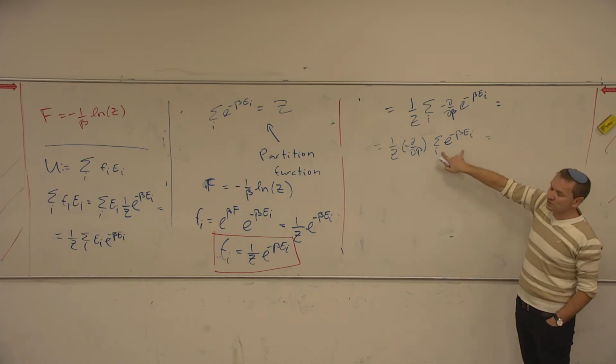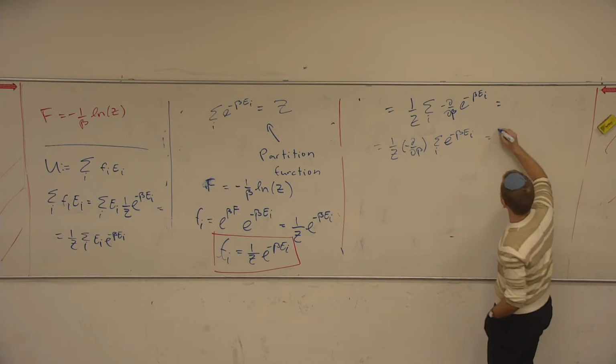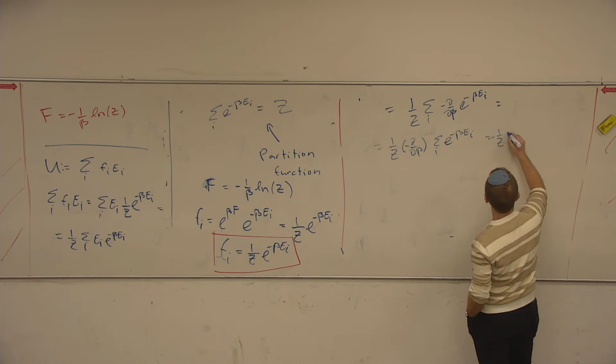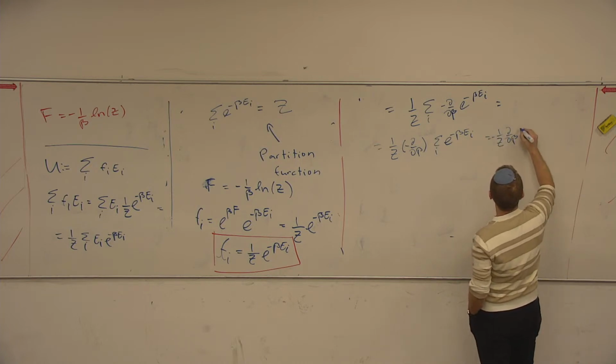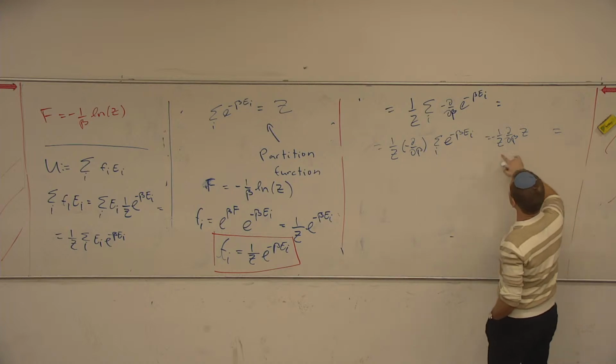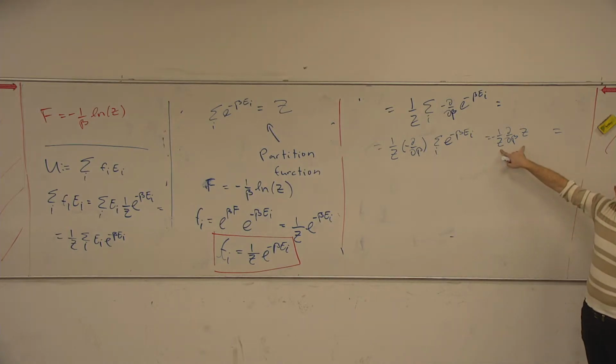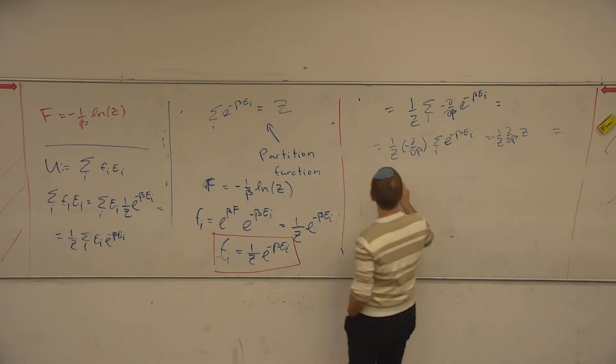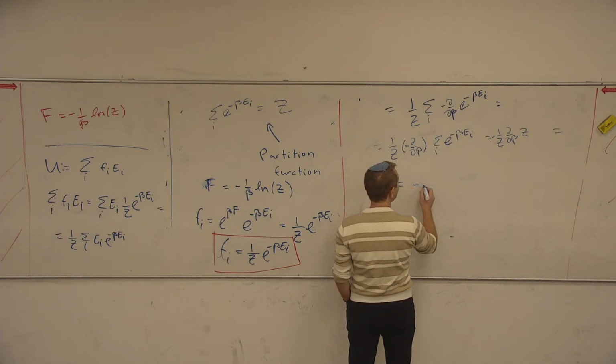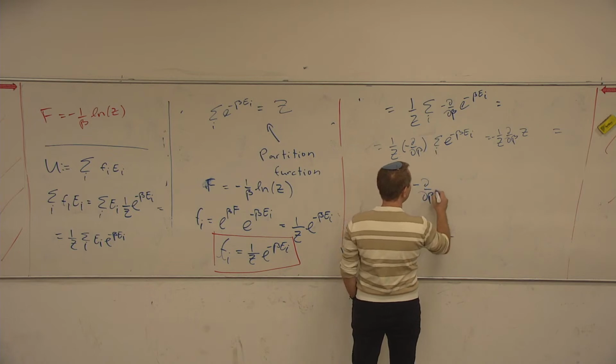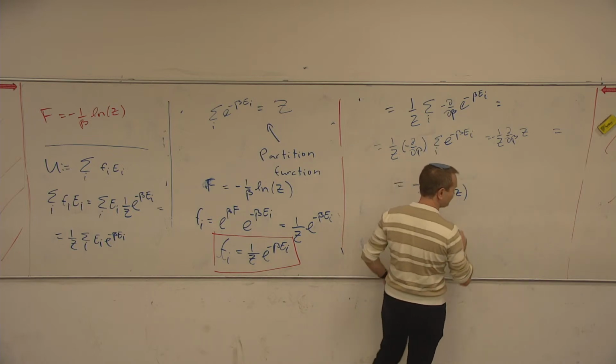Now, what is this? Z. So we have 1 over Z times minus d/d beta of Z. What is this? Minus d ln Z over d beta. So this is minus d/d beta of log of Z.